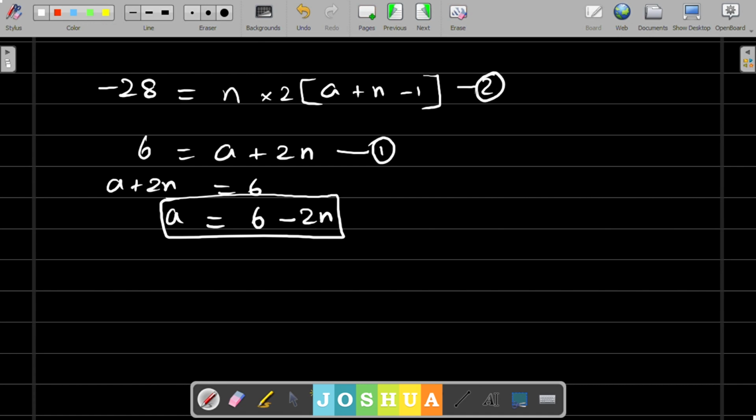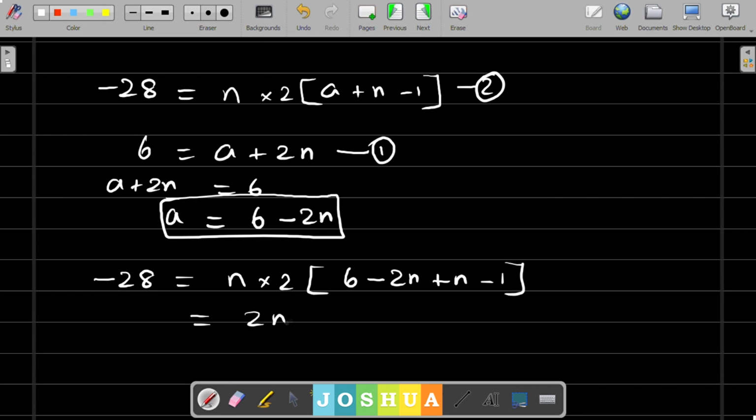So minus 28 is equal to n into 2. What is the value of a? 6 minus 2n, and again n minus 1. When I expand this, 2n kept outside, 6 minus 1 is 5, minus 2n plus n equal to n, that is equal to minus 28.